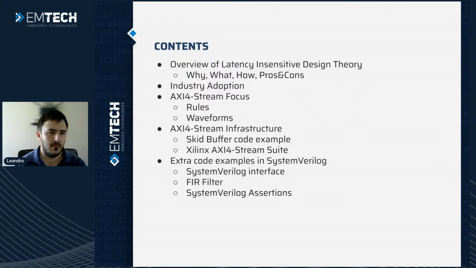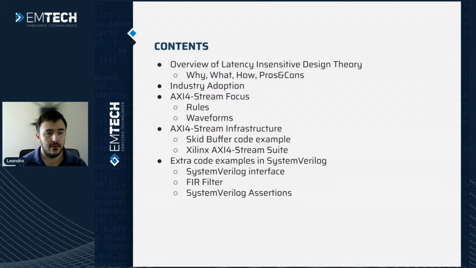Then I'm going to talk about some infrastructure, a little bit of a code example by ourselves. Then some talk about a suite of IPs by Xilinx, which is very useful when you have to build a complete SoC on Xilinx FPGAs.